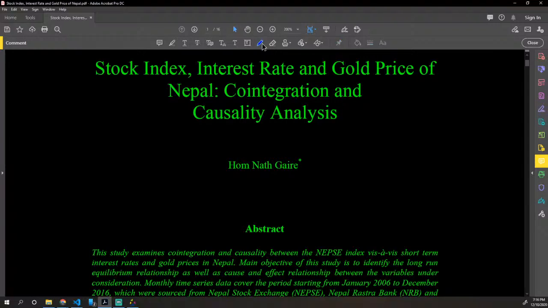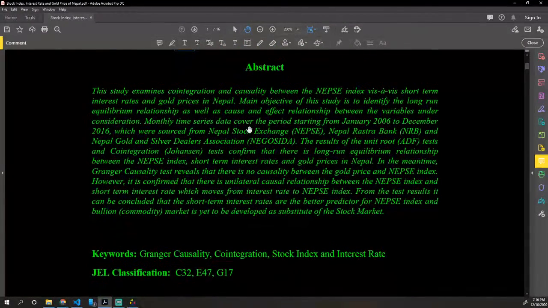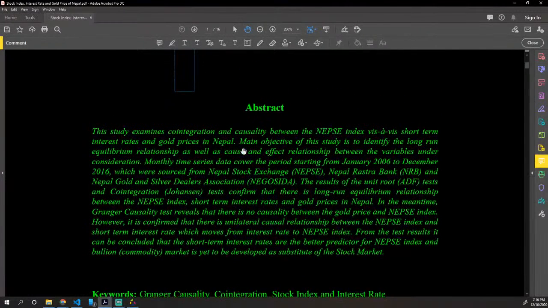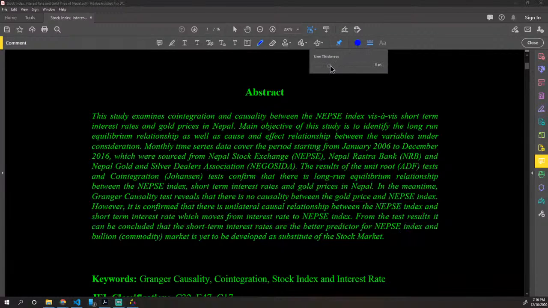So let's go down the page again. So what this study basically aims to do is examine co-integration and causality between the NEPSE index and, vice versa, short-term interest rate and gold prices in Nepal. Okay, so that's all right.